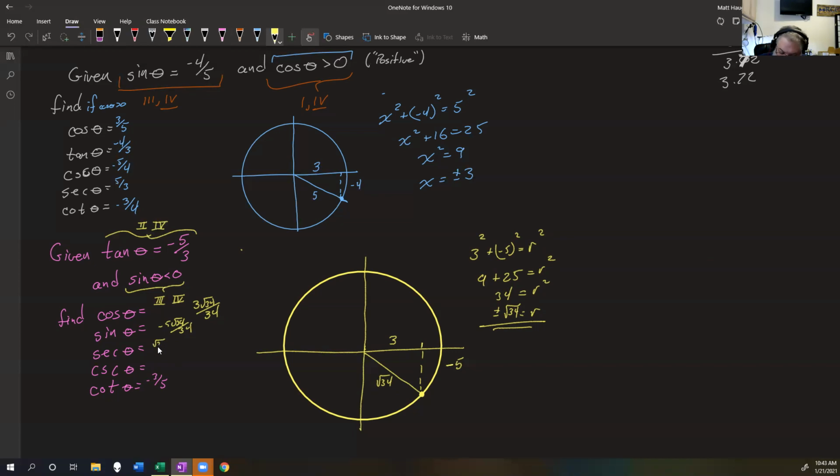Secant's going to be the square root of 34 over 3. Negative square root of 34 over 5 for the cosecant. Sorry, those are kind of squishy. And we already had the cotangent. So there are not a lot of mechanics in this process. It really just comes down to knowing the implications of what you're told.